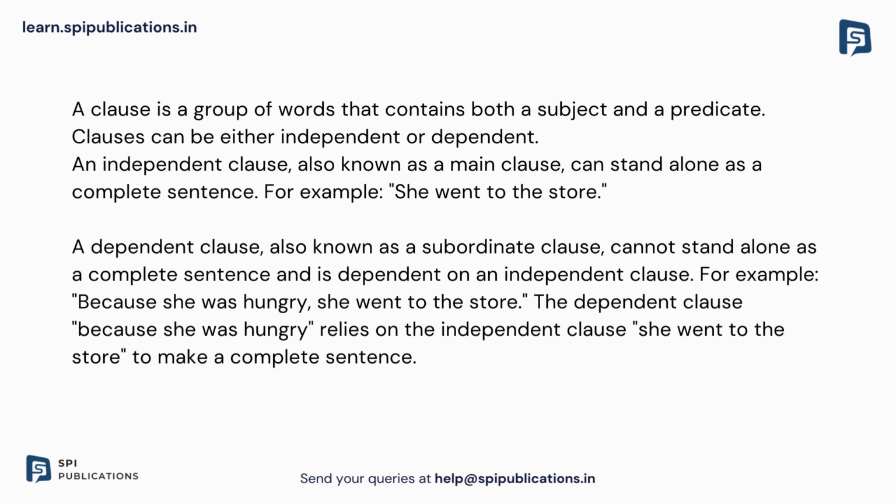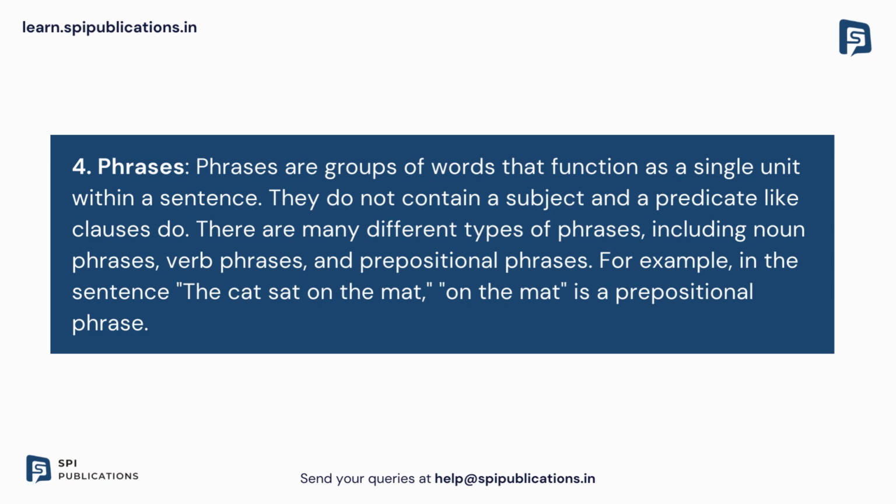For example, "Because she was hungry, she went to the store." The dependent clause "because she was hungry" relies on the independent clause "she went to the store" to make a complete sentence.